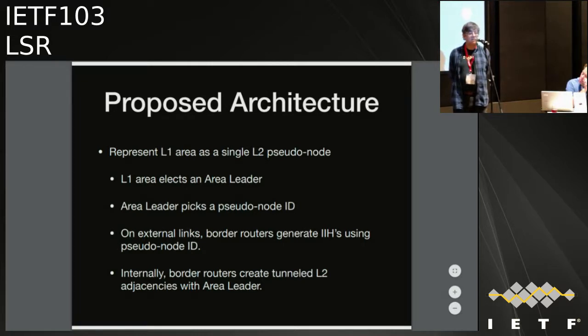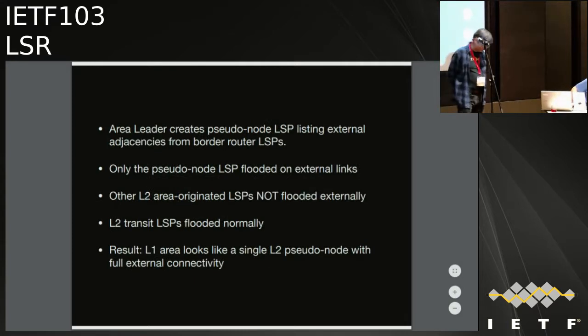We want all of our area border routers now to tunnel back to the area leader and use that as a L2 virtual circuit. That's going to give us L2 flooding within the area. After that happens, our area leader has full knowledge of all of the level 2 connectivity for this level 1 area. So you're going to tunnel the traffic, you said? No, not tunneling the traffic.